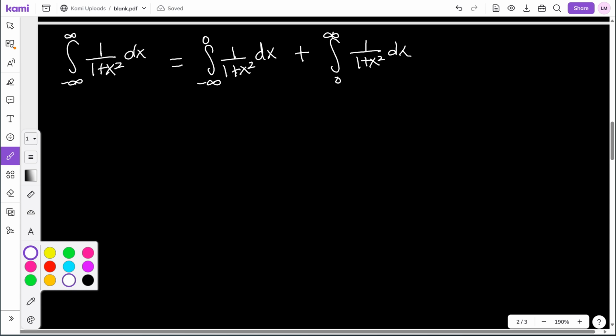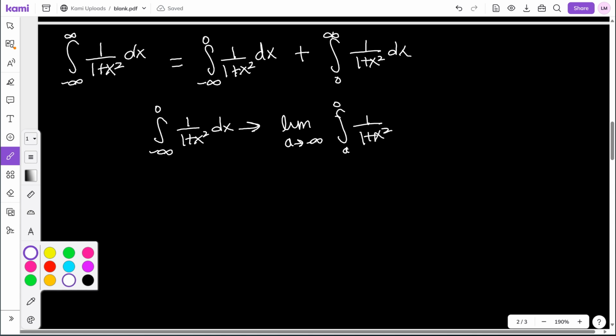So I'm going to split this. All right, so now I can evaluate this limit. I can do the first one, negative infinity to 0. Sorry, it's going to make the video a little bit longer. I'm going to rewrite this as the limit as a goes to negative infinity of the integral from a to 0 of 1 over 1 plus x squared dx.